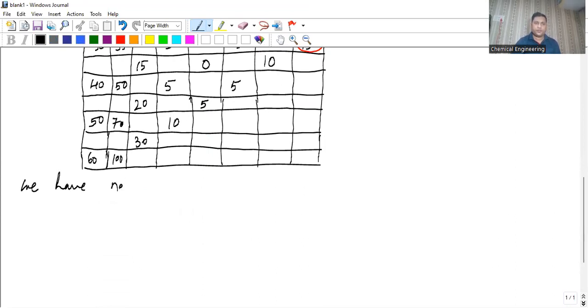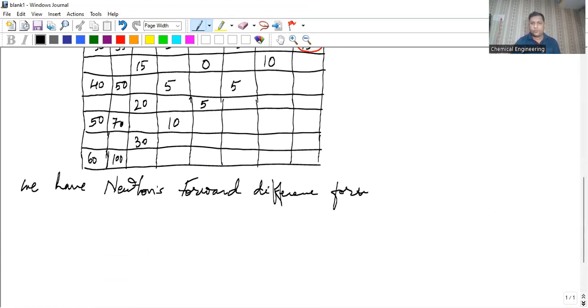We have Newton's forward difference formula as, so here we are having v of t.